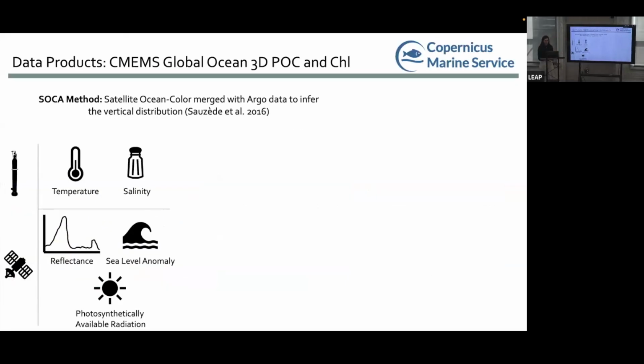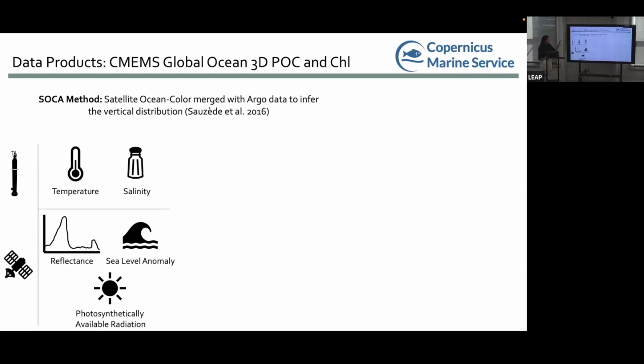All of the biogeochemical data products that we use were informed by Argo or BGC-Argo float data. So we used two depth-resolved data products of POC and chlorophyll, again, our foraging proxies, from CMEMS, the Copernicus Marine Service. And these two products use something called the SOCA method, which merges satellite ocean color with Argo data to infer the vertical distribution of a given variable of interest, in this case, POC and chlorophyll.